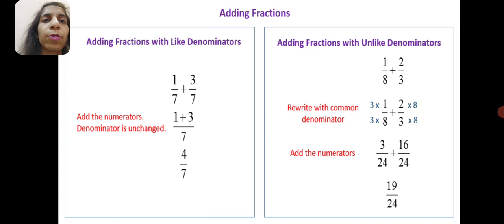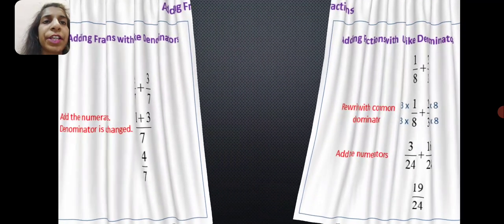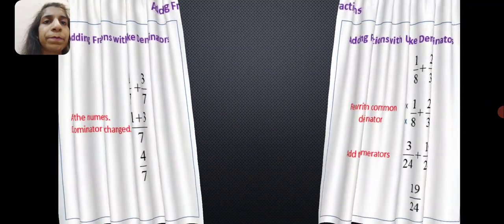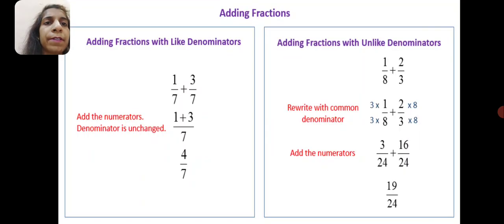We have to add only the numerator part, but the denominator remains unchanged. So 1 plus 3 upon 7, which is equal to 4 upon 7.